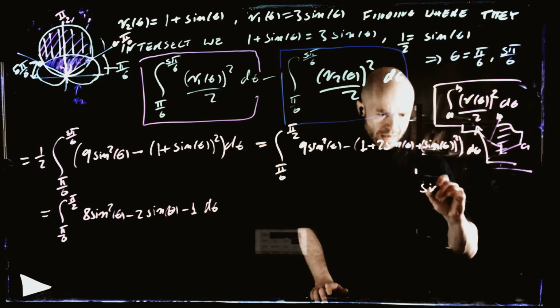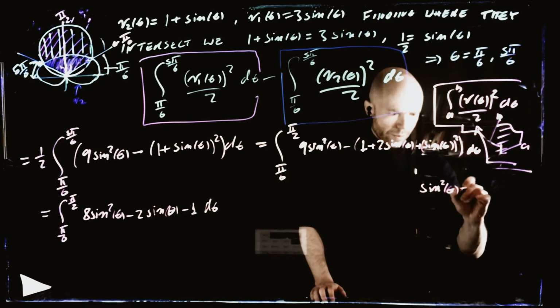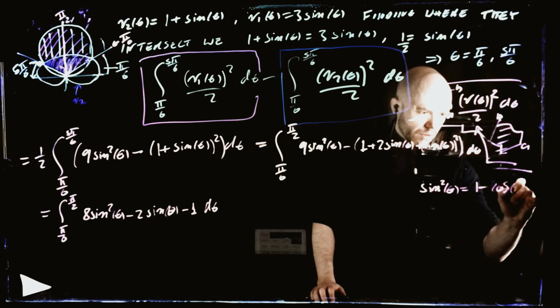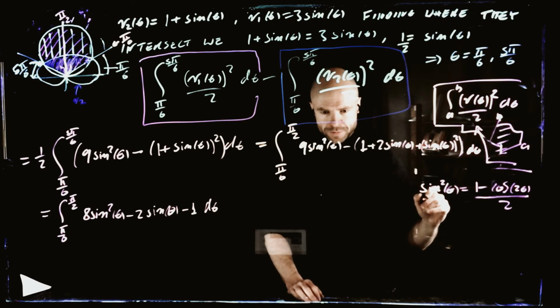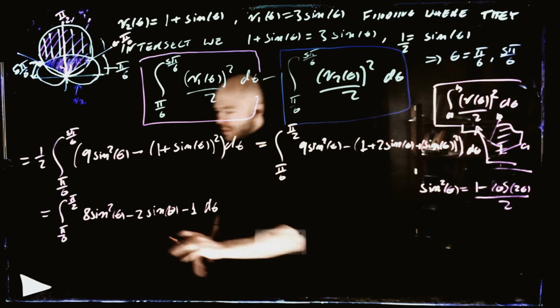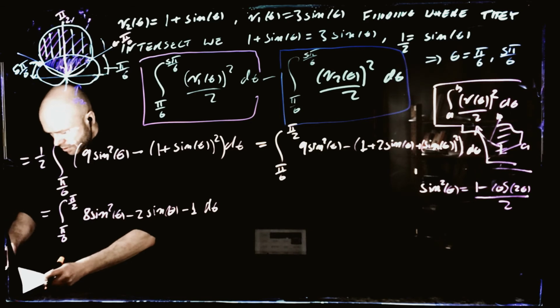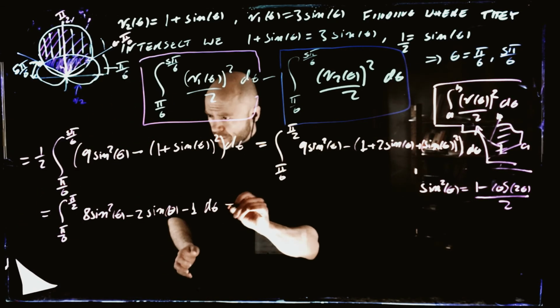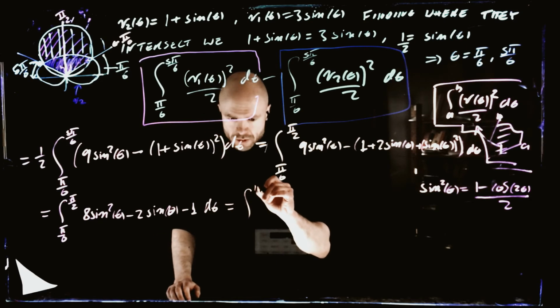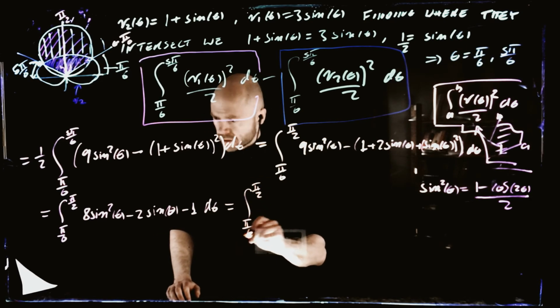but we have this double angle formula, which is 1 minus cosine of 2 theta over 2, like this. Yeah? So that we can turn this sine squared into this thing here. And if we do this, then what happens? Then we have the integral from pi over 2 to pi over 6.